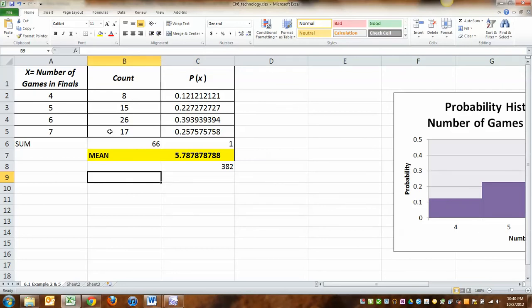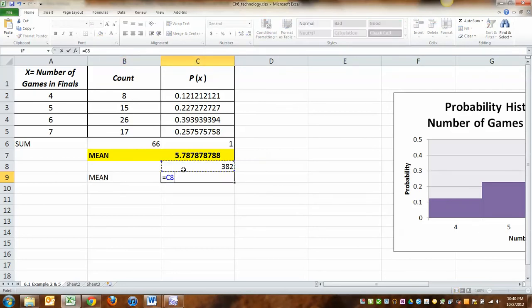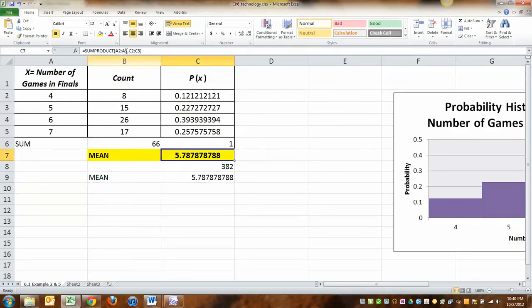Then you have to take that value, 382, and divide it by the sum of those counts that we already found. That's what we were doing in 3.3. Now, what I didn't bother with is the whole divided by thing here. Well, why not? Because if I use the probabilities, which are these ones right here, then the sum is 1.